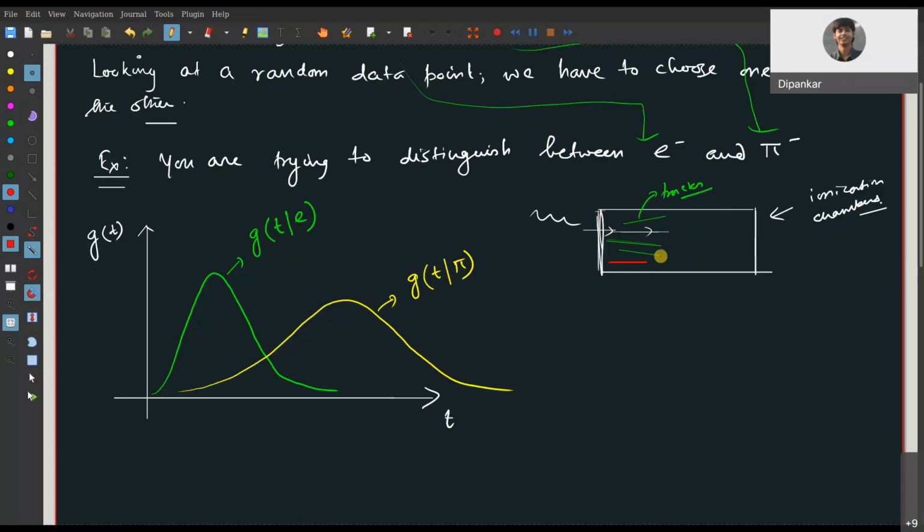From that, you derive the statistical distribution of track lengths given it's a pion. Okay, sir. And if you do not have the luxury to do experiments, you usually rely on Monte Carlo.